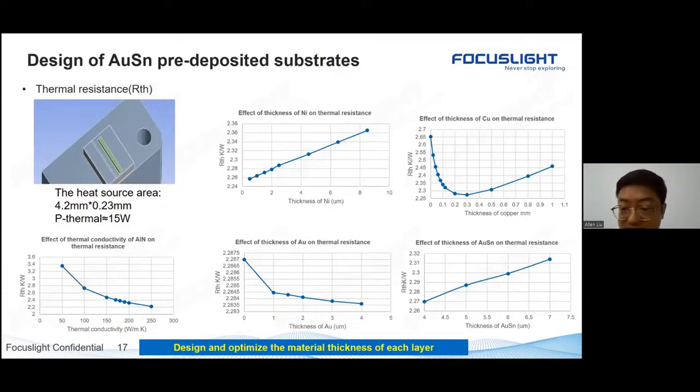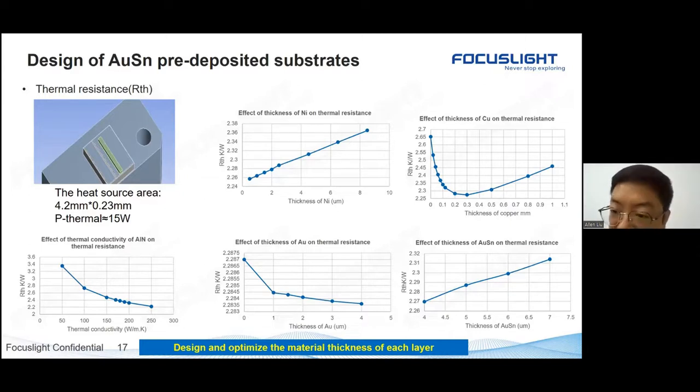Thermal resistance is a key point for the substrate. Different layers have different effects on thermal resistance. We design every layer: the thickness of nickel, the thickness of copper, the thermal conductivity of aluminum nitride, the thickness of gold, and the thickness of gold-tin. You can see something interesting in the thickness of copper.